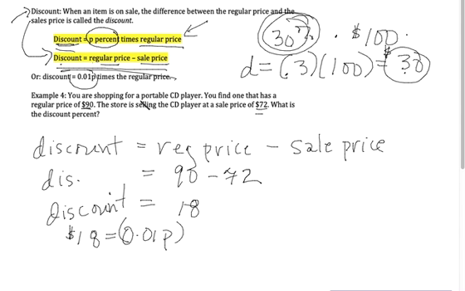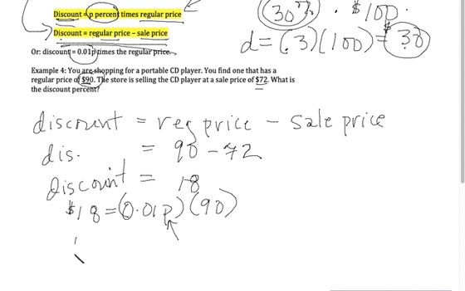What was the regular price of this guy? It was $90. So we're going to say times $90. And we're going to solve for our discount percentage, okay? So 18, I'm going to multiply 0.01 times 90. That's going to give me a 0.9p. And I'm going to divide each side by 0.9 because I'm solving for the percentage.